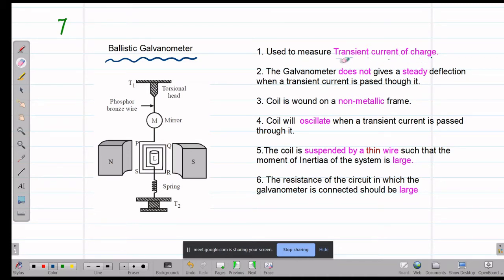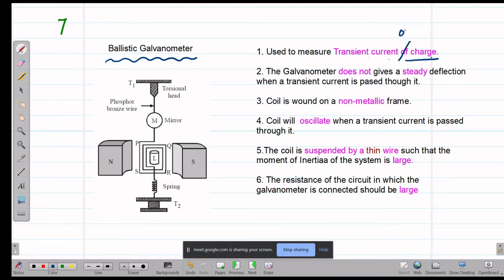So when a current flows for a very short duration of time, for that interval, a certain amount of charge will flow through the galvanometer. So we will see that the deflection produced in this galvanometer is proportional to that charge. So a ballistic galvanometer basically measures, either you can say it measures a transient current, or the more correct way of telling is it measures charge.